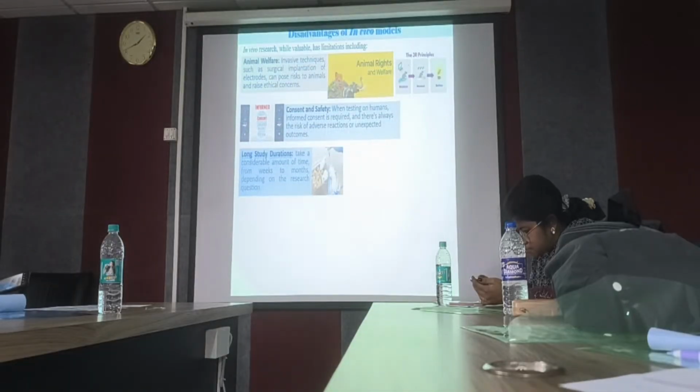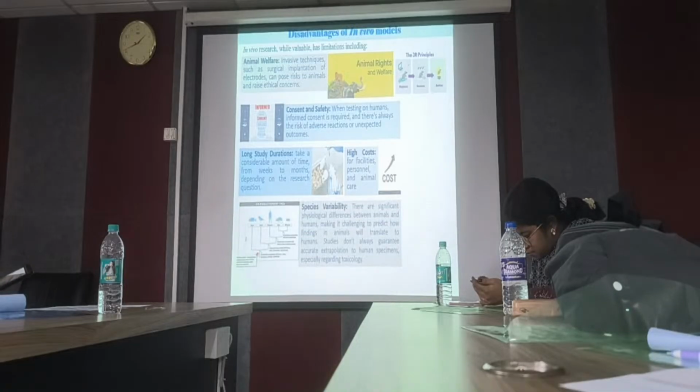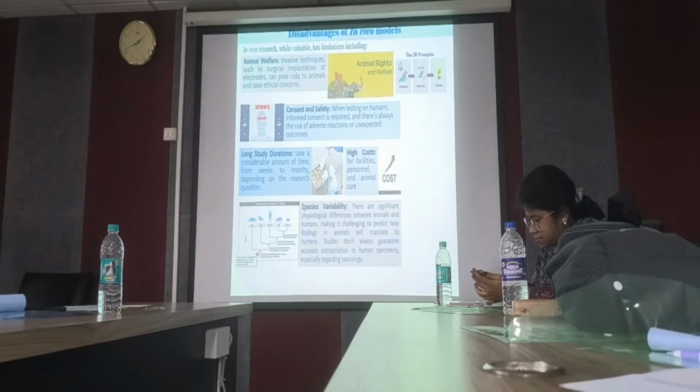One of the most important disadvantages is animal ethics. As in the in vivo model system, we are working with animal models, so we need to have ethical permission. For ethical permission, we need to go through a long period. So that's one important thing. Another one is cost.